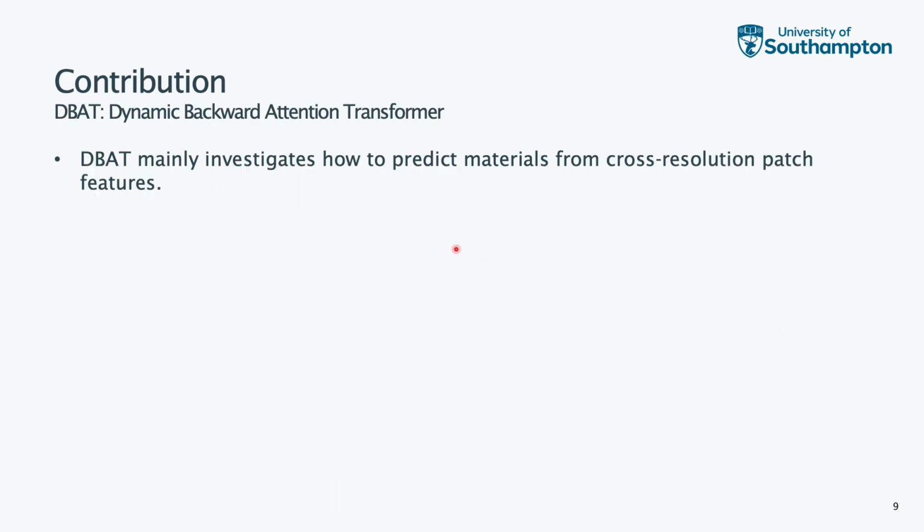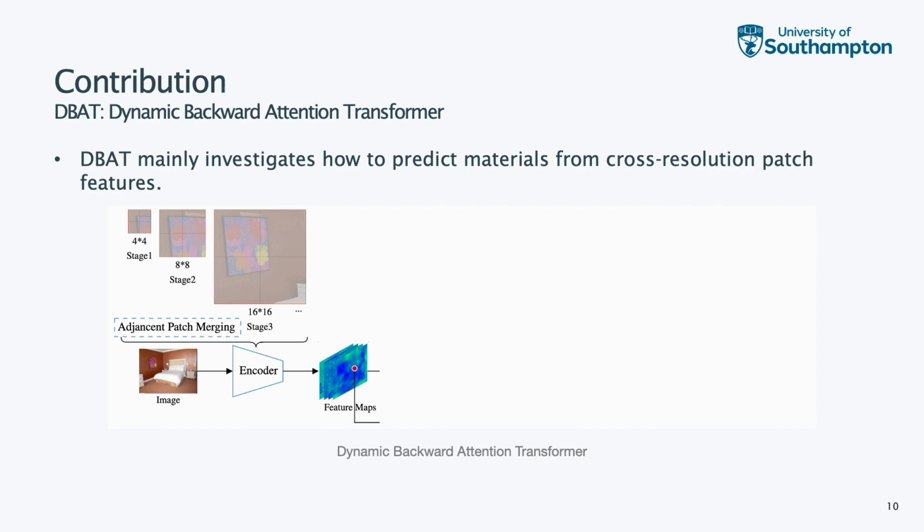Now, instead of fixing the patch resolution, our DBAT investigates how to predict the materials from cross-resolution patch features. It takes 4x4 patches as input and increases the patch resolution in the encoder by merging adjacent patches at each transformer stage.